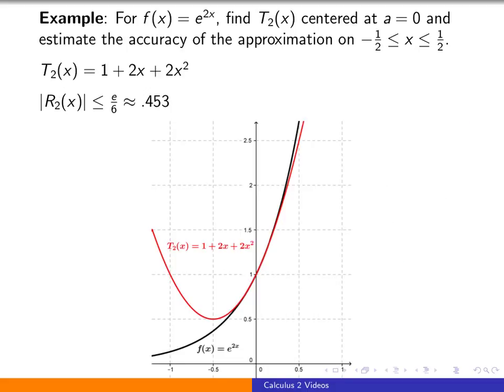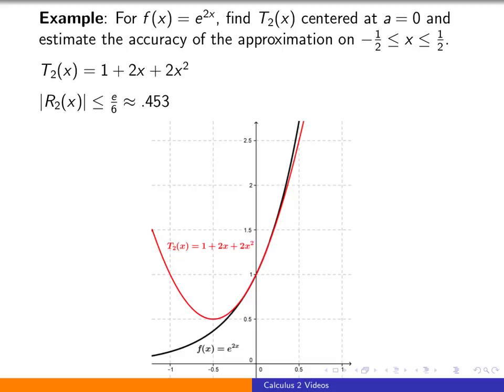So let's just see visually what this is telling us. In the given plot, we have in black the function f of x equals e to the 2x, this standard exponential curve. And then in red along with it, we have the second degree Taylor polynomial that we found centered at 0. And note, when we found the Taylor polynomial centered at 0, the Taylor polynomial and the function will always agree at that point, and then immediately around that point 0, we should get a pretty good approximation.